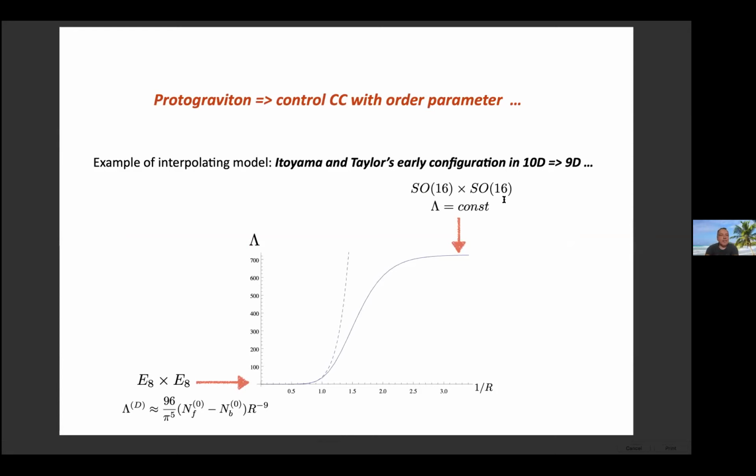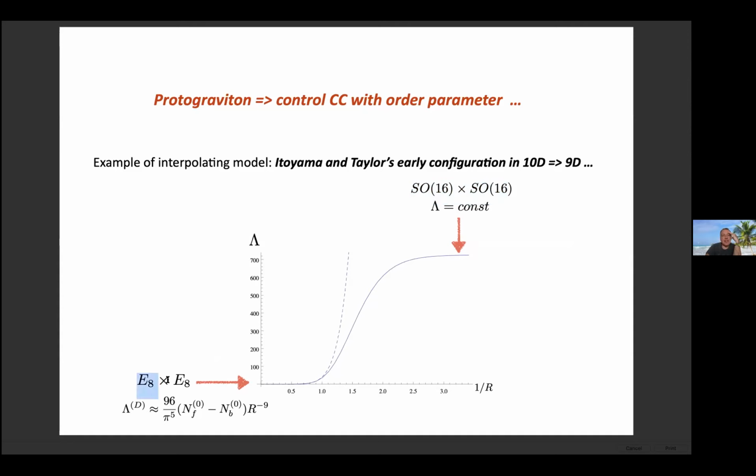Right, okay, so an interpolating model. What's an interpolating model? The first example of this phenomenon was Itoyama and Taylor's configuration, where they showed that if you want to consider the non-supersymmetric SO(16) x SO(16) theory, which has a non-zero lambda if you calculate it, what you can do is compactify it down to 9 dimensions with a Scherk-Schwarz compactification.